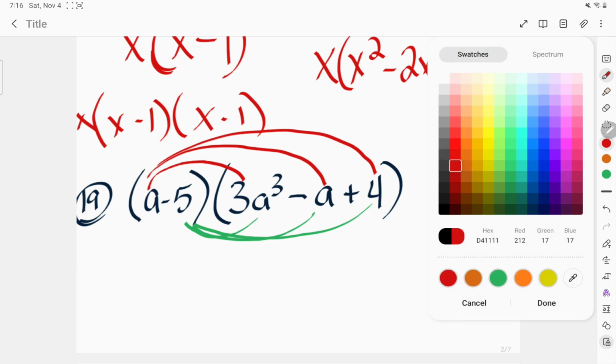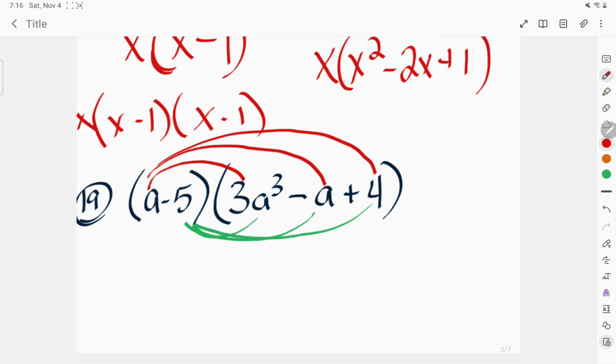So, first we have a times 3a squared, which is going to give us 3a to the fourth. A times negative a, which is going to give us negative a squared. And then a times positive 4, which gives us positive 4a.